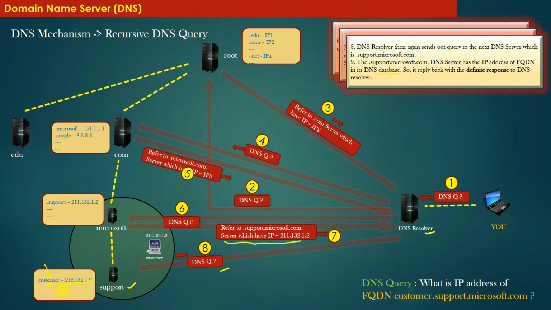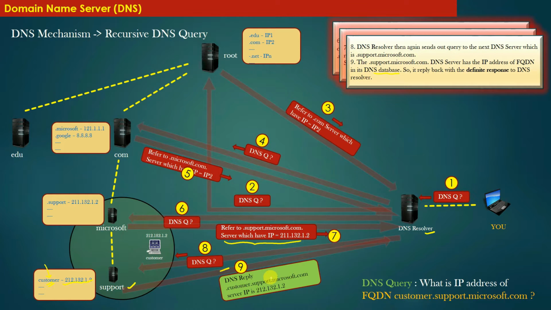Right? So in the DNS database of the support DNS server, it has the IP address of the requested fully qualified domain name. So as a result, the support DNS server replies back with the definite response to the DNS resolver. Note that in step number 9, the support DNS server is replying back with the definite response.